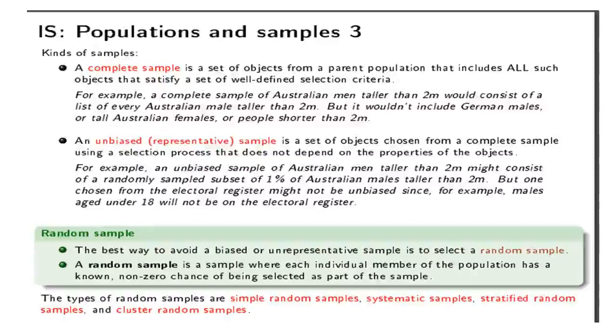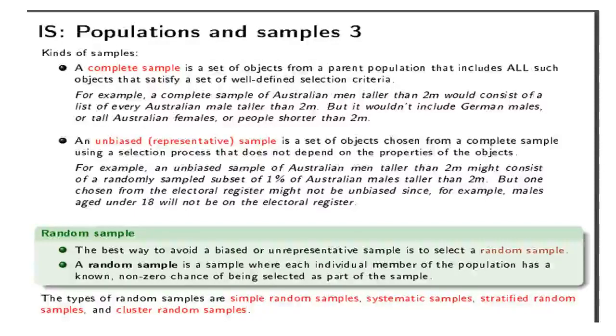So the best way to avoid a biased or unrepresentative sample is to select randomly, or to select a random sample. A random sample is a sample where each individual member of the population has a known non-zero chance of being selected as part of the sample.